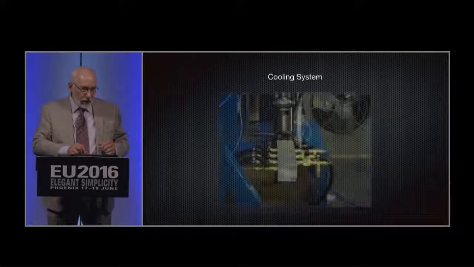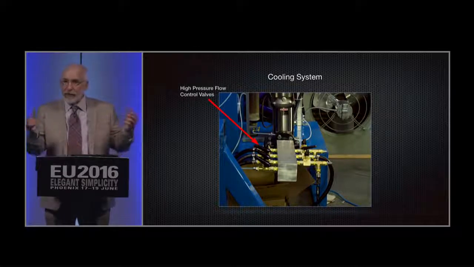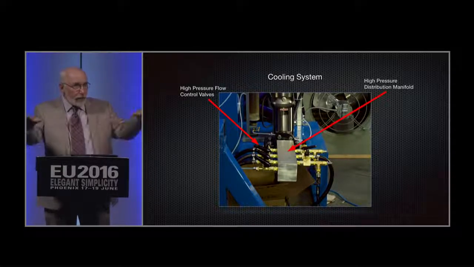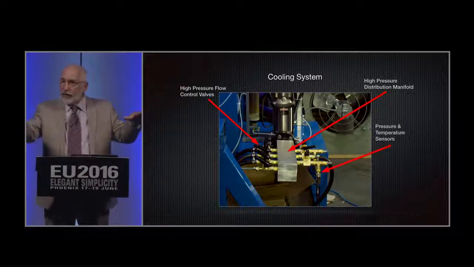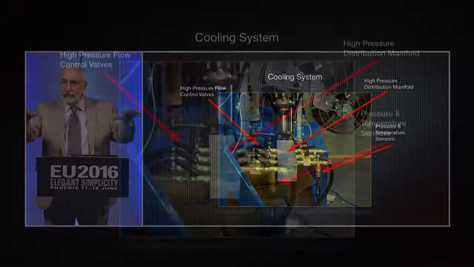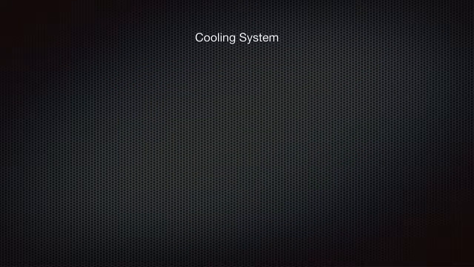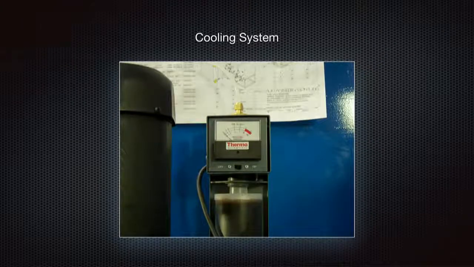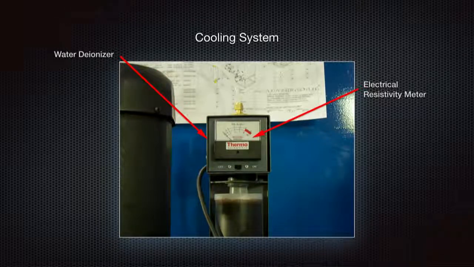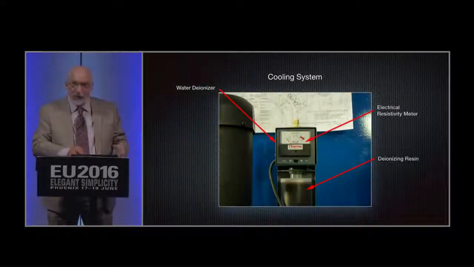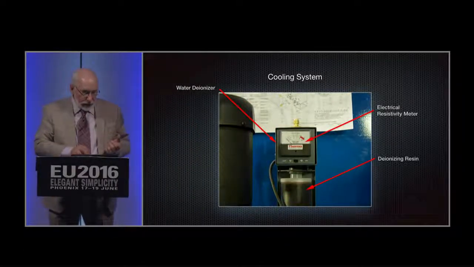And so we have a high pressure pump and manifold system to distribute the cooled water out to the various parts of the chamber to keep them cool. And we have a deionizer that actually monitors the resistivity of the water as well. But this will give you an indication of the complexities of SAFIRE to make something like this work.